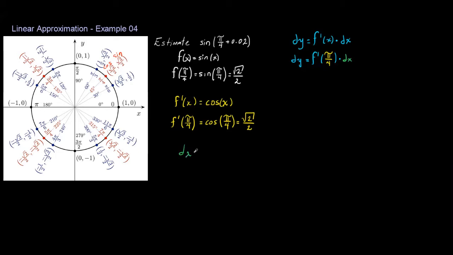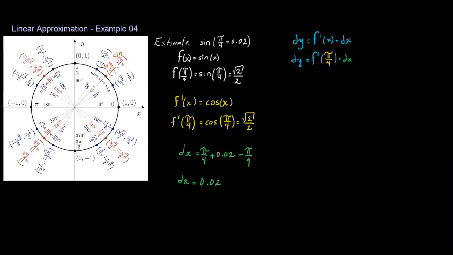So dx is just the subtraction of the value we're looking for, which in this case is pi over 4 plus 0.02, minus the known value, which is pi over 4. So dx would be equal to, as you can see here, 0.02.